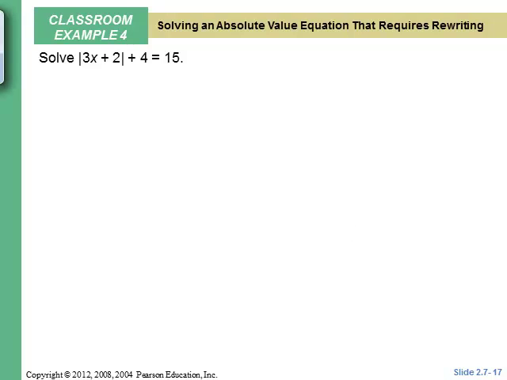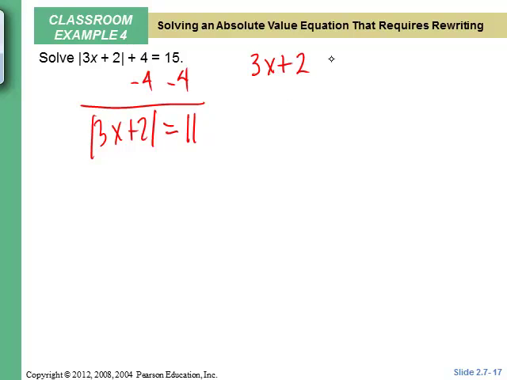this one here we have to rewrite to get the 4 on the other side. So the first thing we're going to do is subtract 4 from each side, and we get absolute value of 3x plus 2 equals 11. Now we can solve it just like we did before, where we would take 3x plus 2 equals 11, or 3x plus 2 equals negative 11.